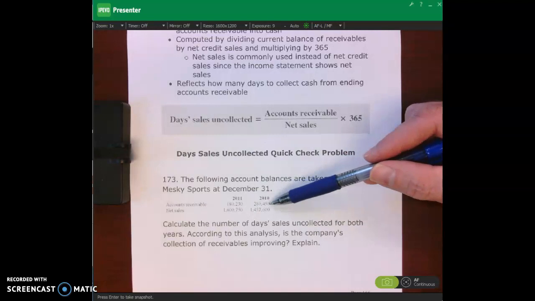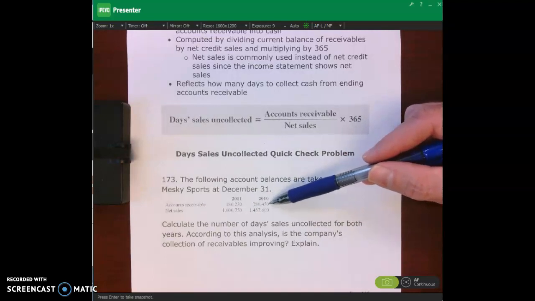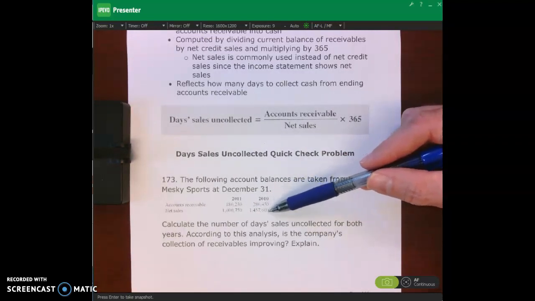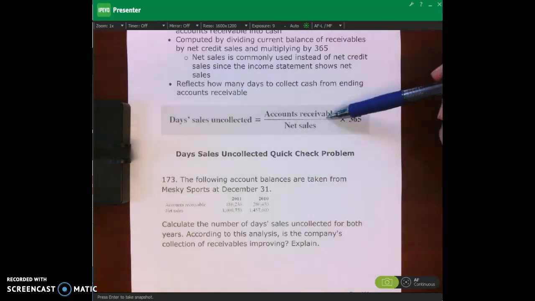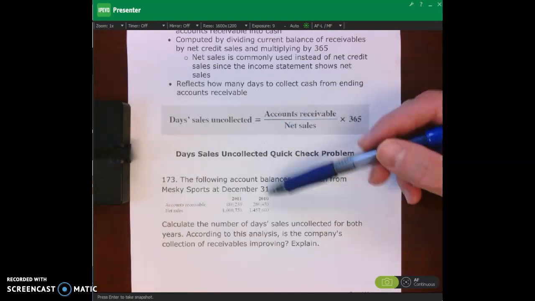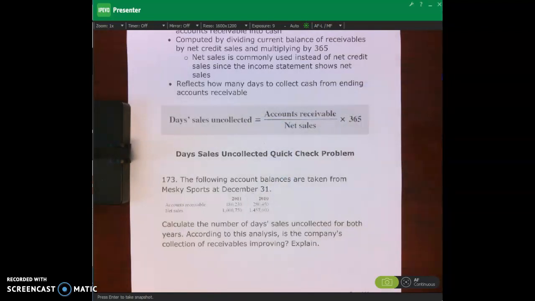In 2010, accounts receivable is $280,450, and net sales is $1,457,600. I want you to pause the lecture video and use this formula to calculate days sales uncollected for each year, and then tell me whether or not you think their collection efforts are improving, and why. So pause the lecture video, do this, and then we'll come back and check it together, okay?